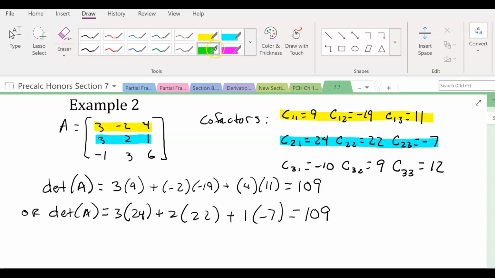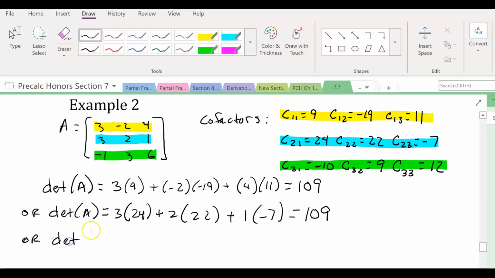And if you haven't guessed already, it's going to work for the third row as well. So let's do that just to double check, and for a little more practice. The determinant of matrix A: we have negative 1 times its corresponding cofactor, which is negative 10, plus 3 times 9, plus 6 times 12.